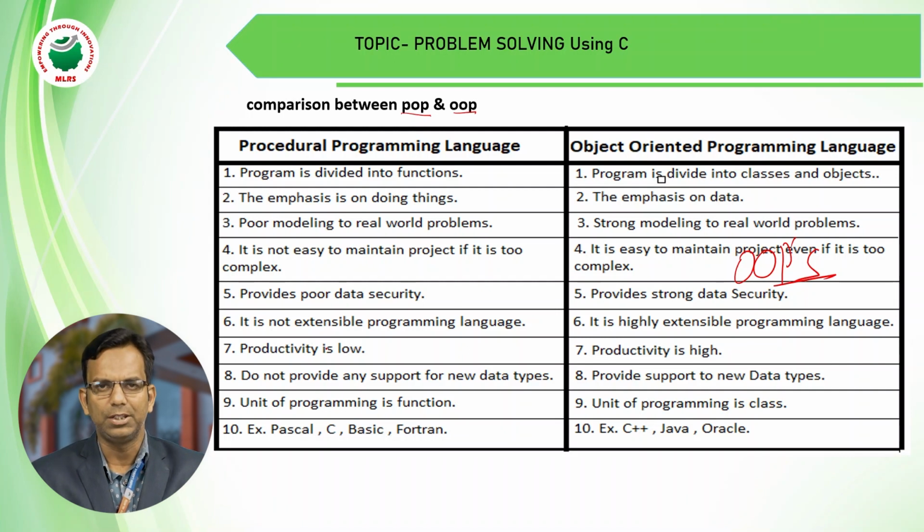The product quality is different in C and C++. C does not support any new data type, whereas C++ supports new data types, where we have user defined data types. The new user defined data types can be declared in the C++ program. The unit of programming is functions in one, and functions and classes in the other. The examples for procedure oriented programming systems are Pascal, C language, BASIC and Fortran.